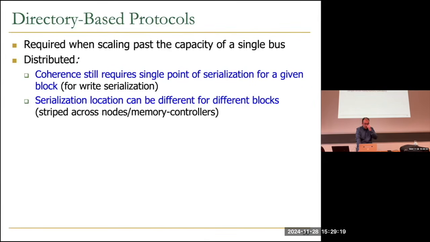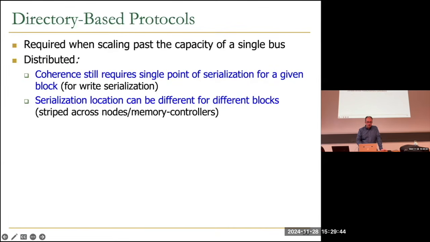Essentially, directory-based is required when scaling past the capacity of a single bus. When we know that a single bus cannot be scalable, it's really important to use directory-based. And it can also be distributed. Coherence still requires a single point of serialization for a given block for write serialization, but you can distribute it.